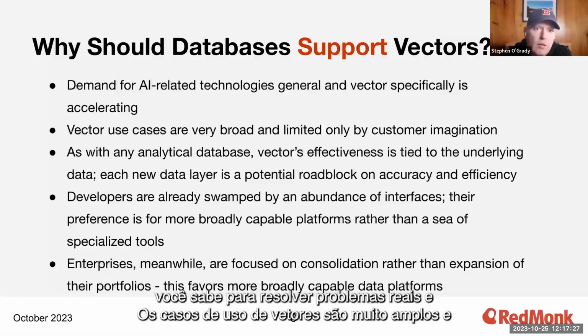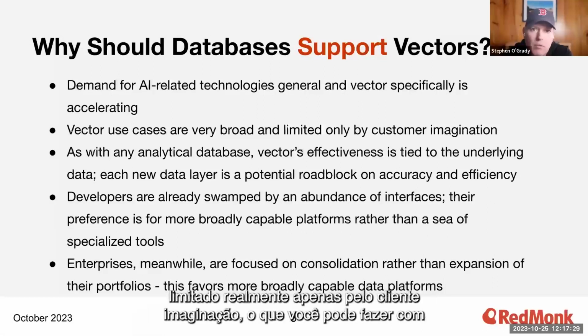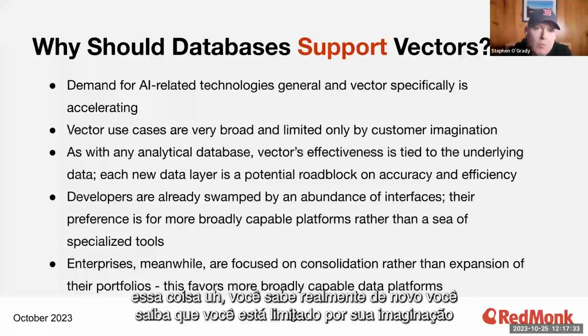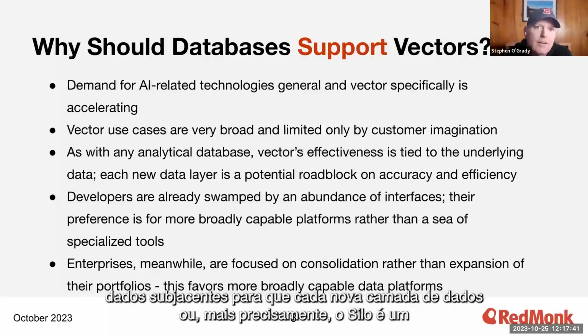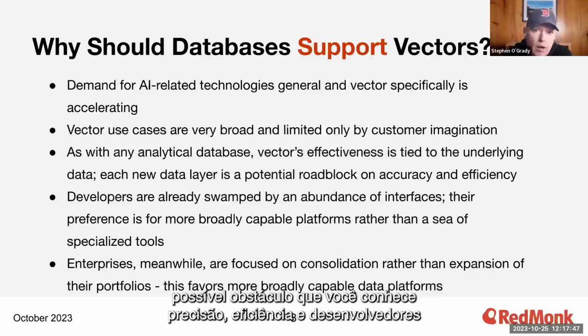And vector use cases are very broad and limited really only by customer imagination. What can you do with this thing? Really, again, you're limited by your imagination. And as with any analytical database, vector's effectiveness is tied to the underlying data. So each new data layer, or more accurately silo, is a potential roadblock for accuracy and efficiency.